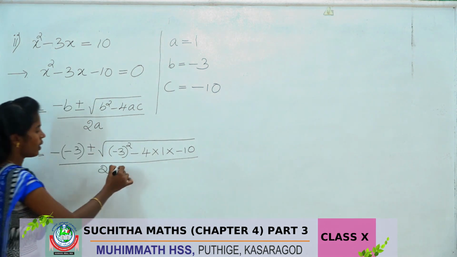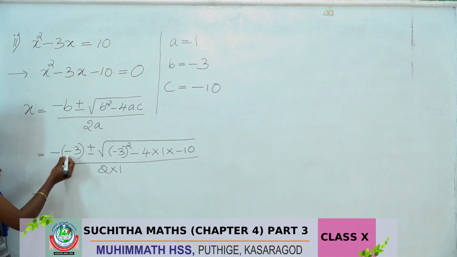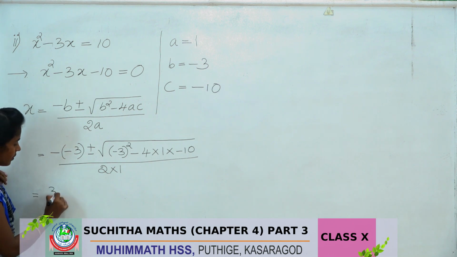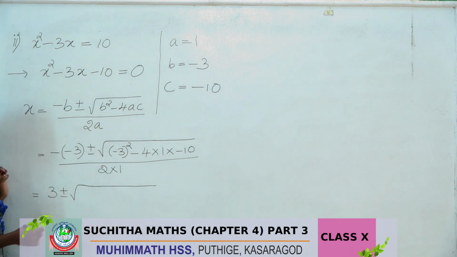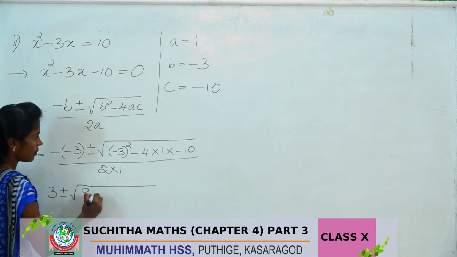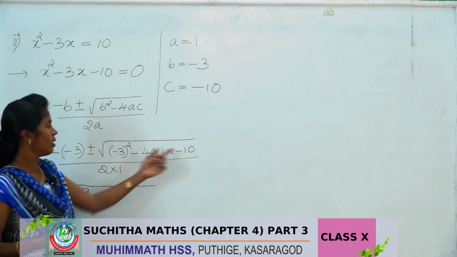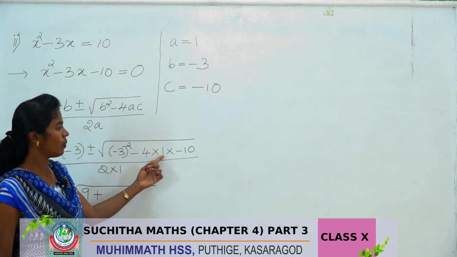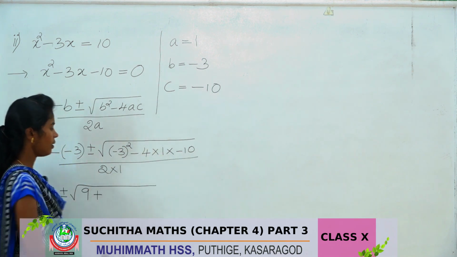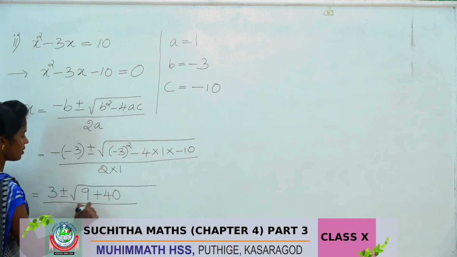Value of a is 1, 2 into 1. That is minus minus becomes plus 3 plus or minus square root of minus 3 square. Minus 3 into minus 3 is 9. Here is a minus, here also a minus, so minus into minus is plus. Then 4 into 1 is 4. Then 4 into 10 is 40. Divided by 2 into 1 is 2.